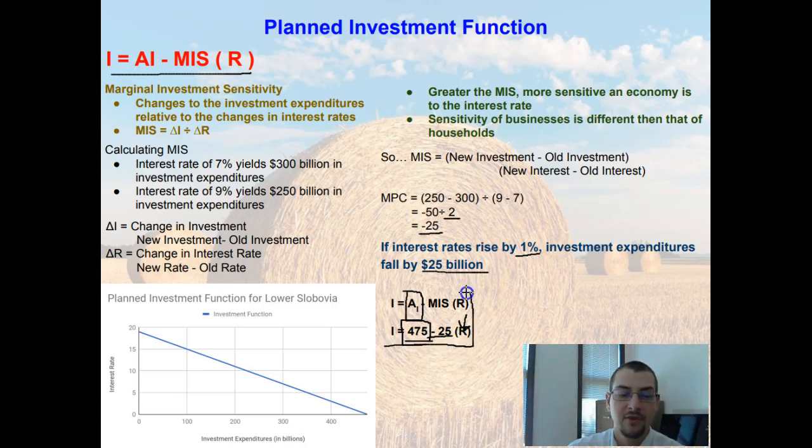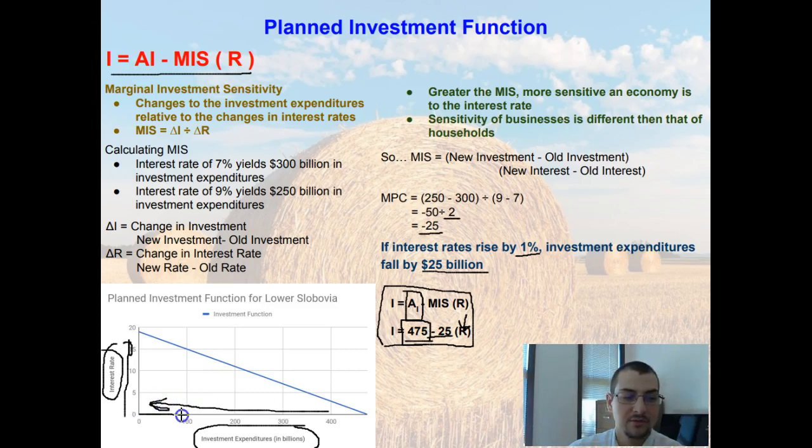So you just plug in the level of the interest rate right there, and now you have your investment function. How does that look on a graph? Over here we have interest rates, and down here we have investment expenditures. As the interest rates go up, the level of investment expenditures decreases.